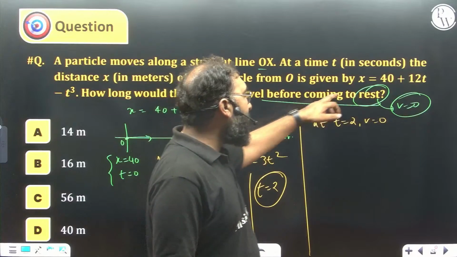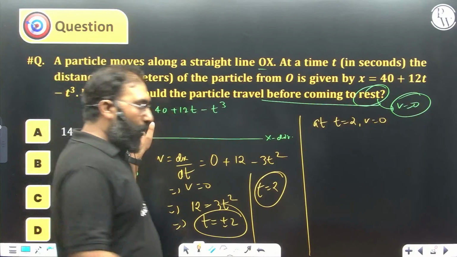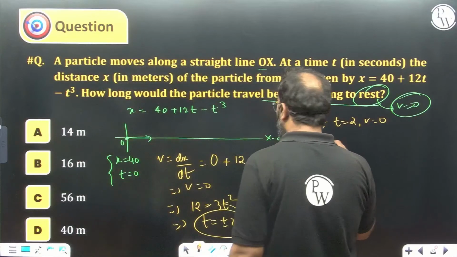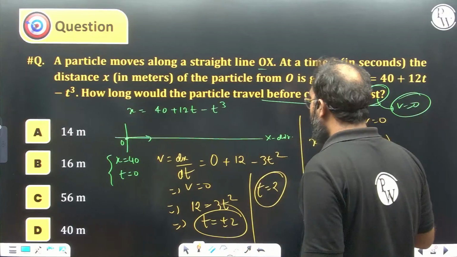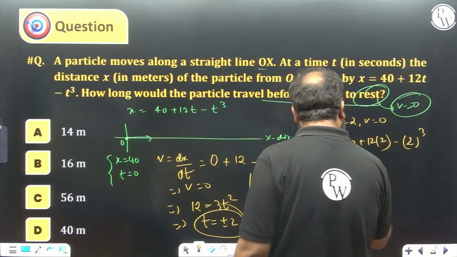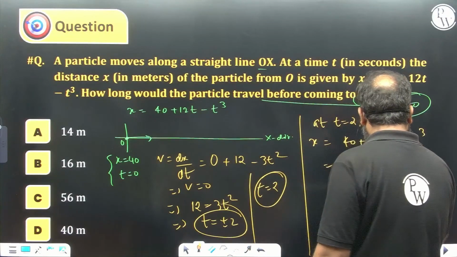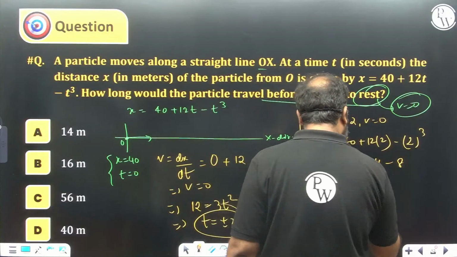So now I'll see that at t equals 2, what is the position of the particle? So x equals 40 plus 12 into 2 minus 2 cube, right? This is 40 plus 24 minus 8. So 24 minus 8 is 16. 16 plus 40 is 56.